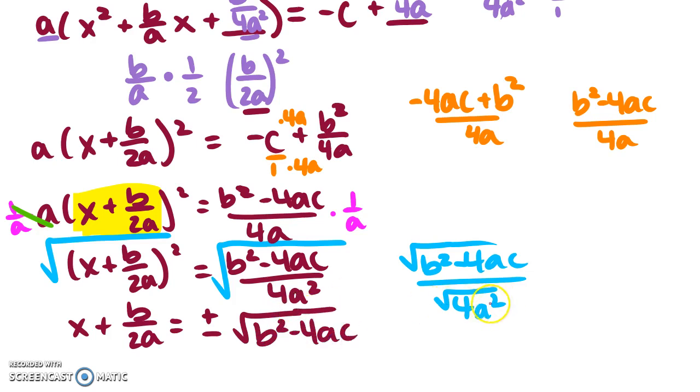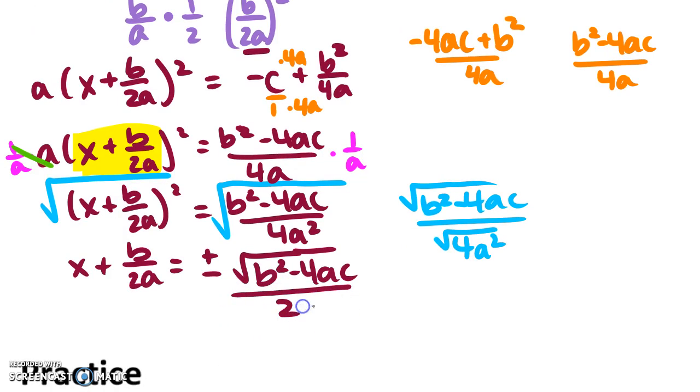But the square root of the denominator, the square root of 4a squared, just becomes 2 times a. And notice that the other denominator is 2a, which is so nice, because when we move over this b over 2a, it's a plus, so we subtract b over 2a.